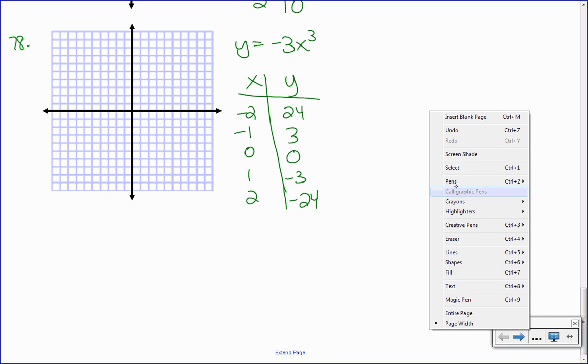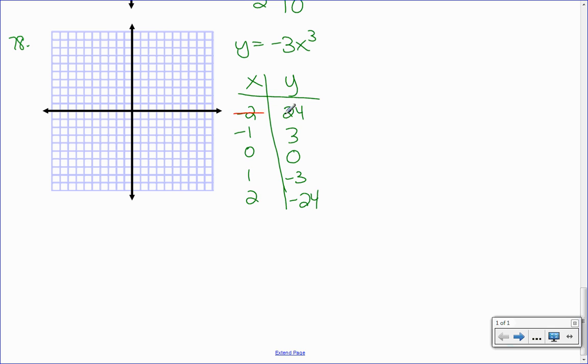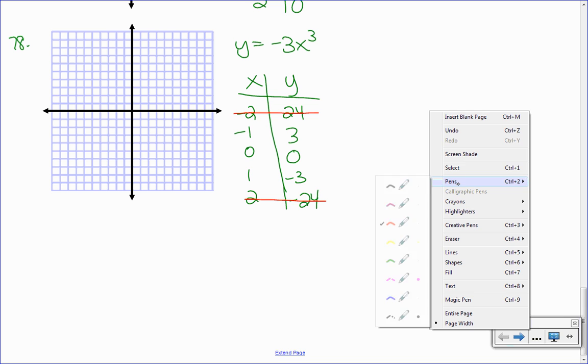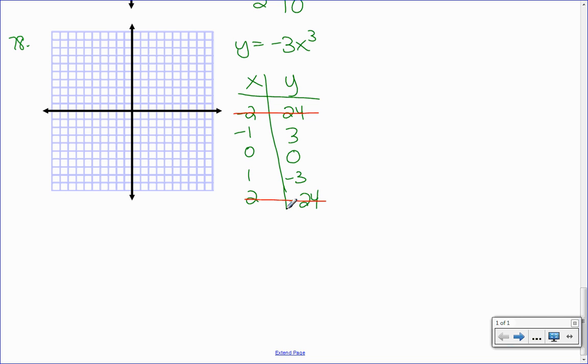Now, we kind of have a problem here, because this will not fit on the graph, and that will not fit on the graph. So what we do from there is create a couple more values to fill in some other points. So some good ones to do would be, you want to go either close to between 0 and 1, and 0 and -1, or very close to 1 and -1.